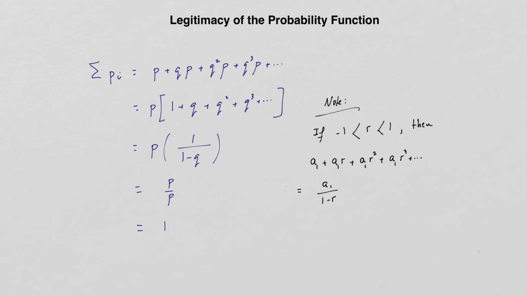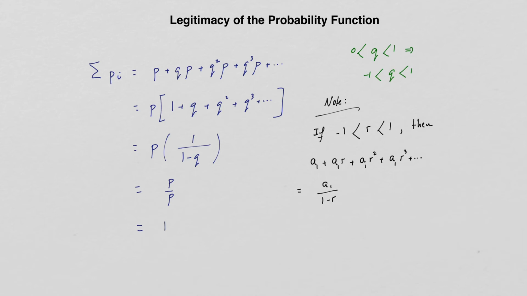Now notice q, by definition, is between 0 and 1. Isn't q between 0 and 1? Probability of failure, which means it is already between -1 and 1. So since q is between 0 and 1, by definition, that means q is definitely between -1 and 1, right?